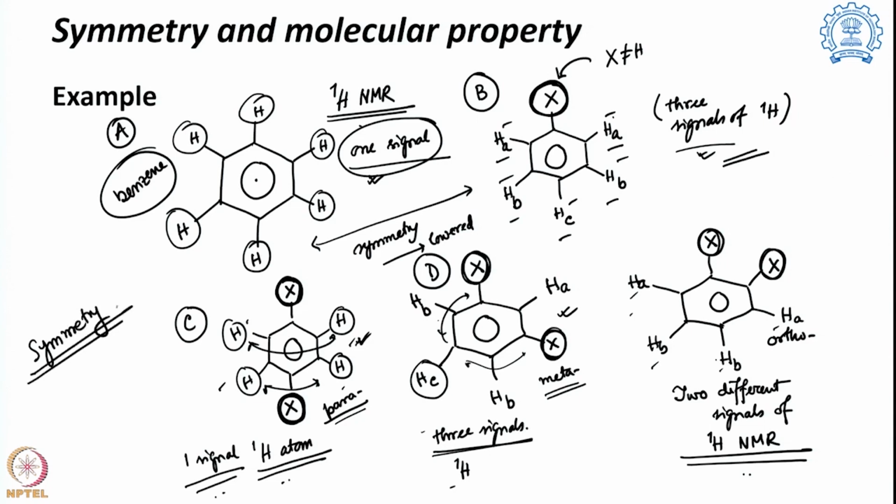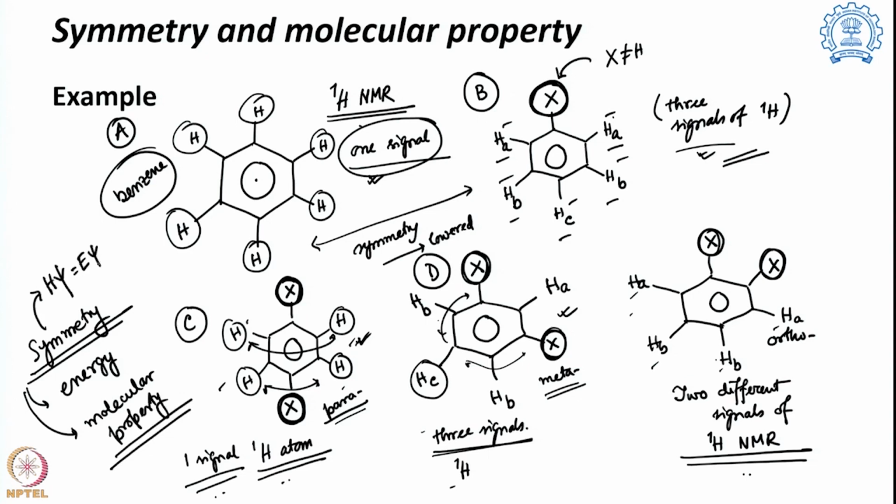So, before going there, we would like to just conclude in the beginning section that the symmetry is an important aspect, and that controls its energy, and that controls its molecular property, and all of them can also be defined by the Schrodinger equation, H psi equal to E psi, where this H is nothing but an operator which actually reflects the definition of a surrounding, that means the symmetry around a molecule.